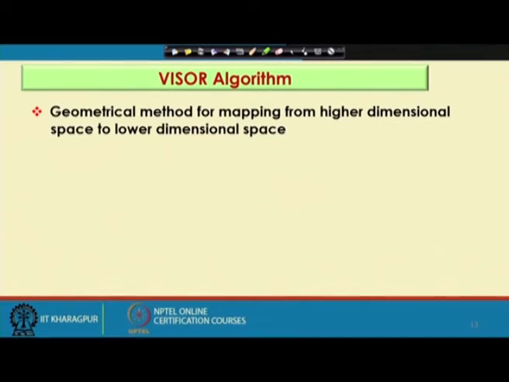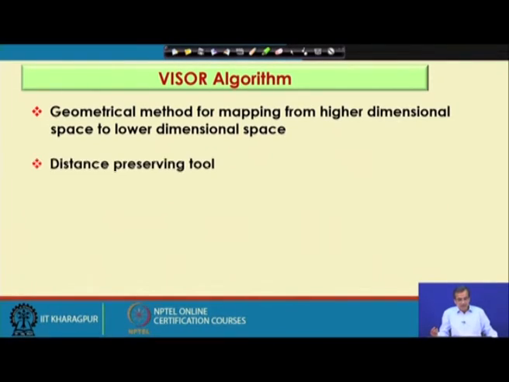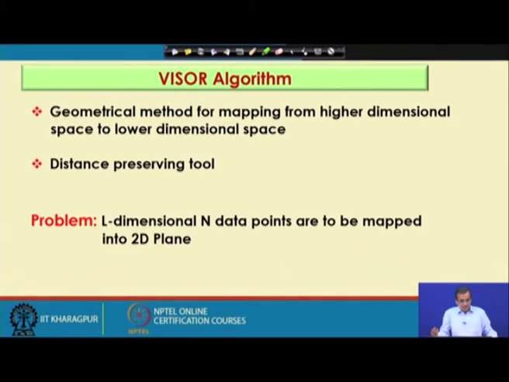Here, what we do is we try to use the geometrical information of this higher dimensional space, and the data are initially there in the higher dimension, and we want to do the mapping to the lower dimension. And once again, this is a distance preserving tool, not a topology preserving technique.